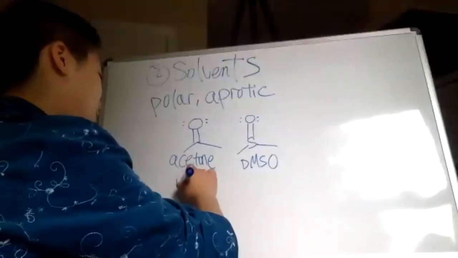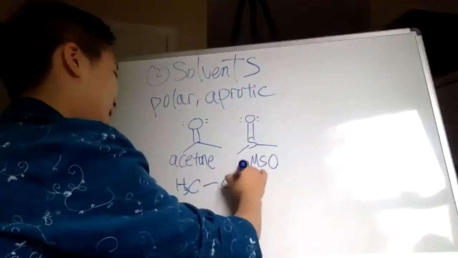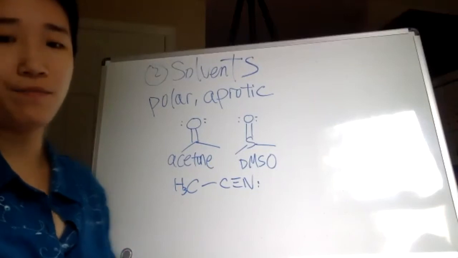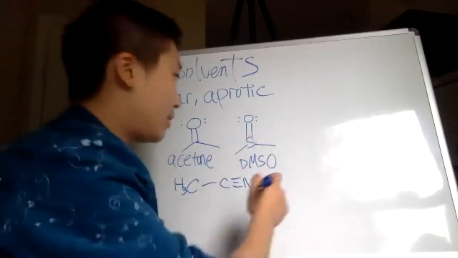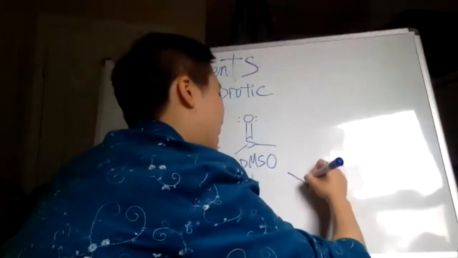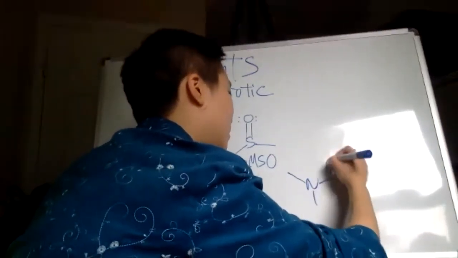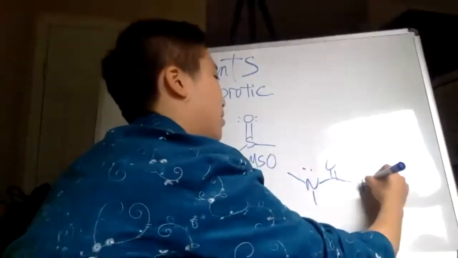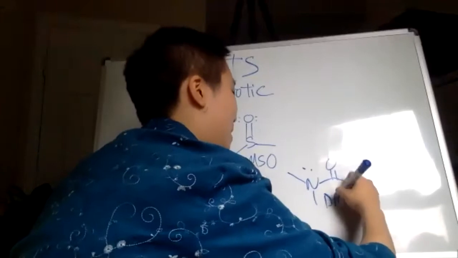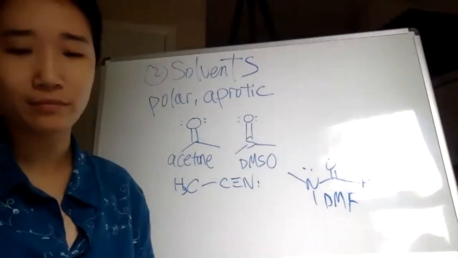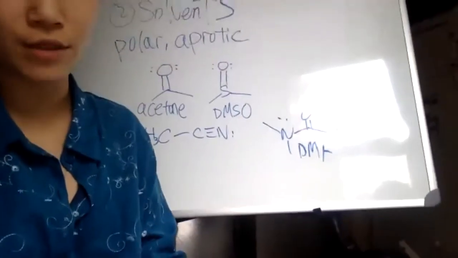We have a CH3, and a C triple bonded to a nitrogen. This is acetonitrile. Or DMF, something you will encounter definitely in the future. So I'm just going to draw it out for future reference. This is DMF, dimethylformamide. Just in case you couldn't see.